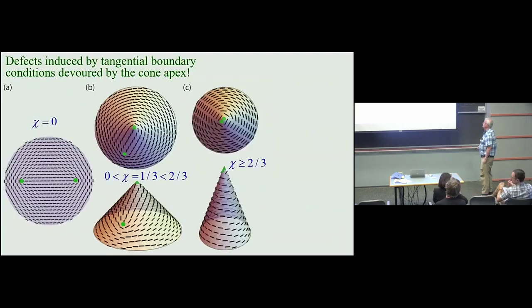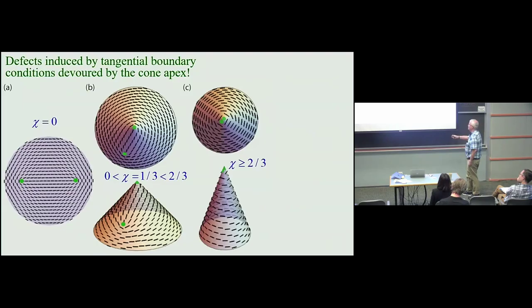And if you keep going, as I said, here's the disk with the tangential boundary conditions forcing in these defects. As someone asked, they can never escape with tangential boundary conditions. They're image charges of the same sign. And then this apex has eaten one of them. It happens everywhere between chi infinitesimally above 0.